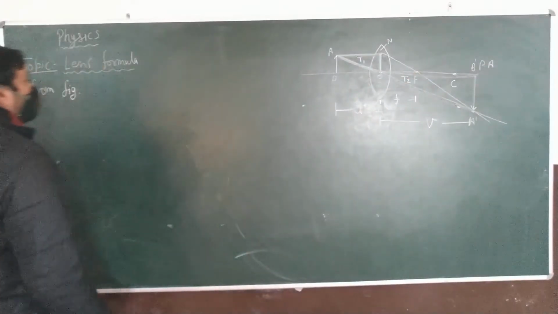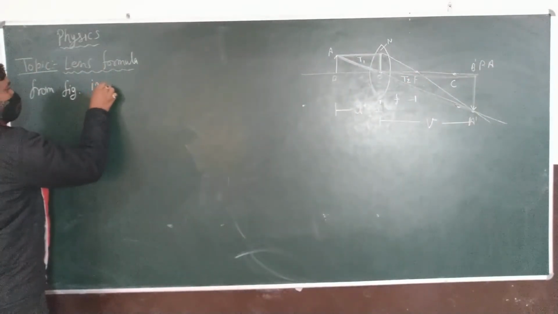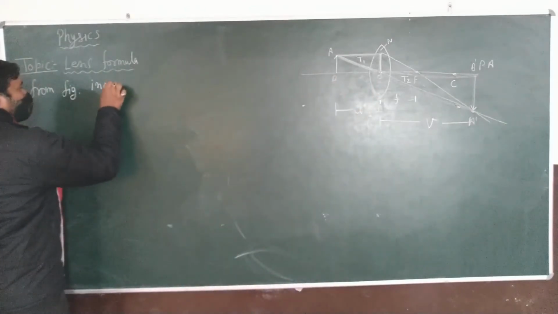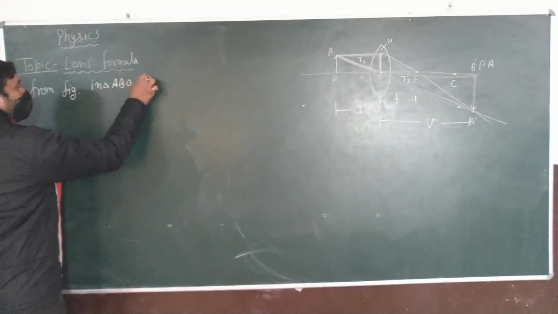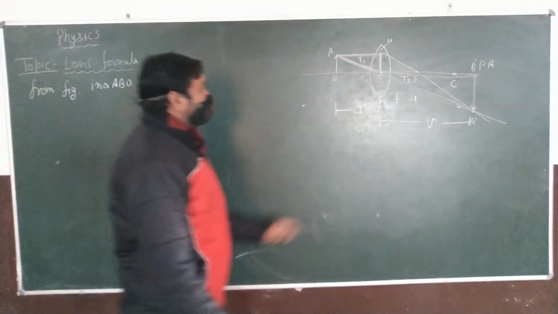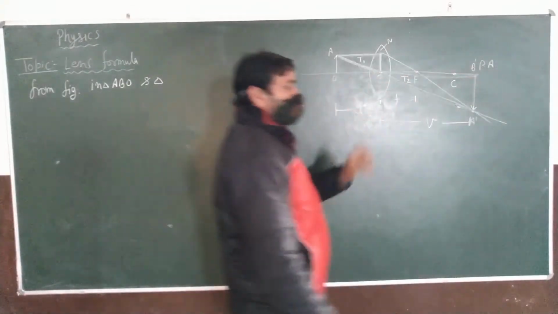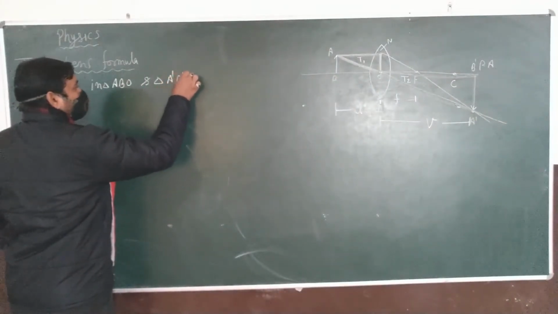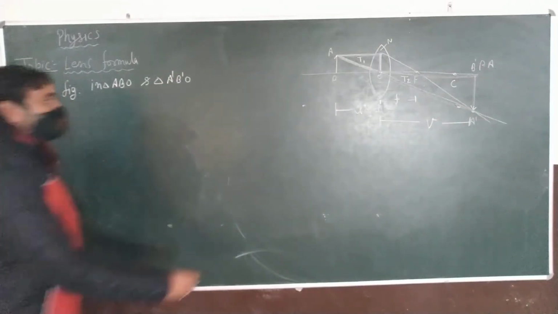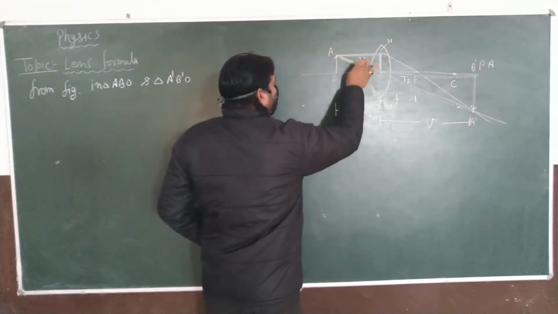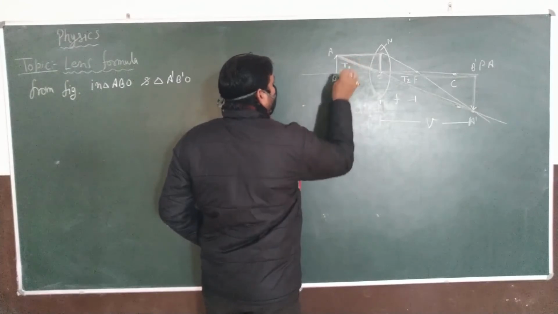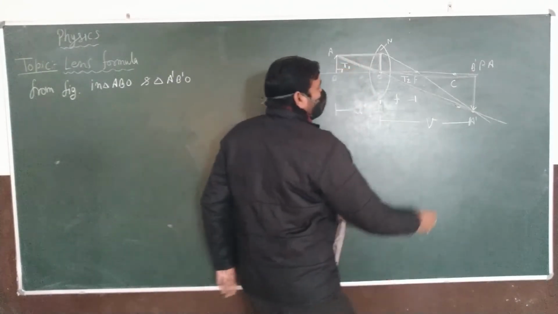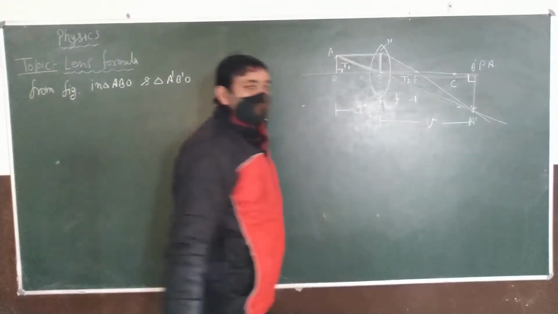Okay, in triangle ABO and in triangle A dash B dash O. Clear? Now in triangle 1, this is 90 and here also is 90.